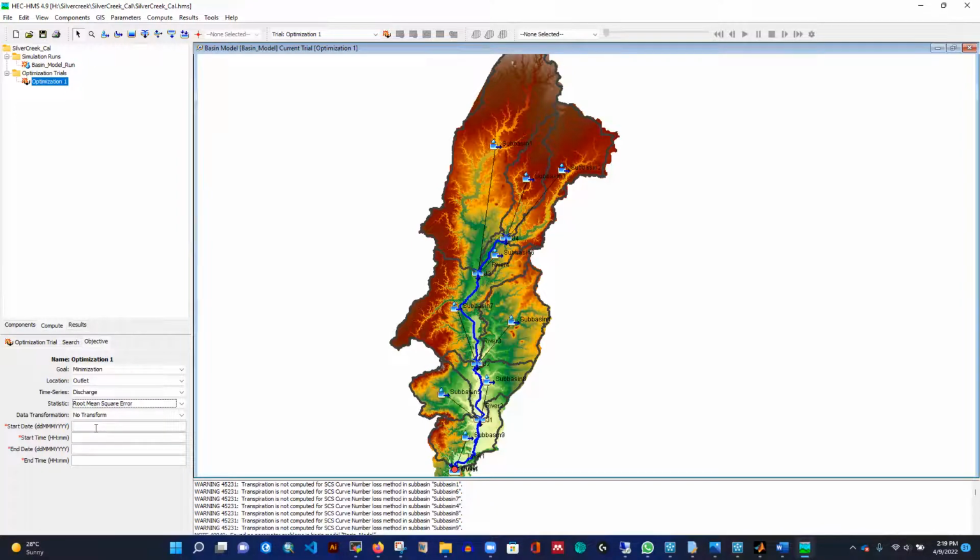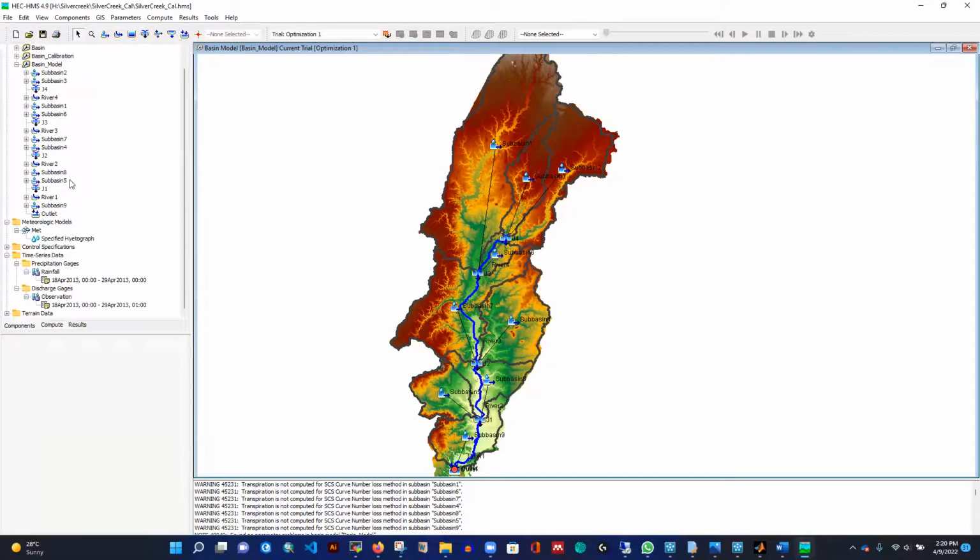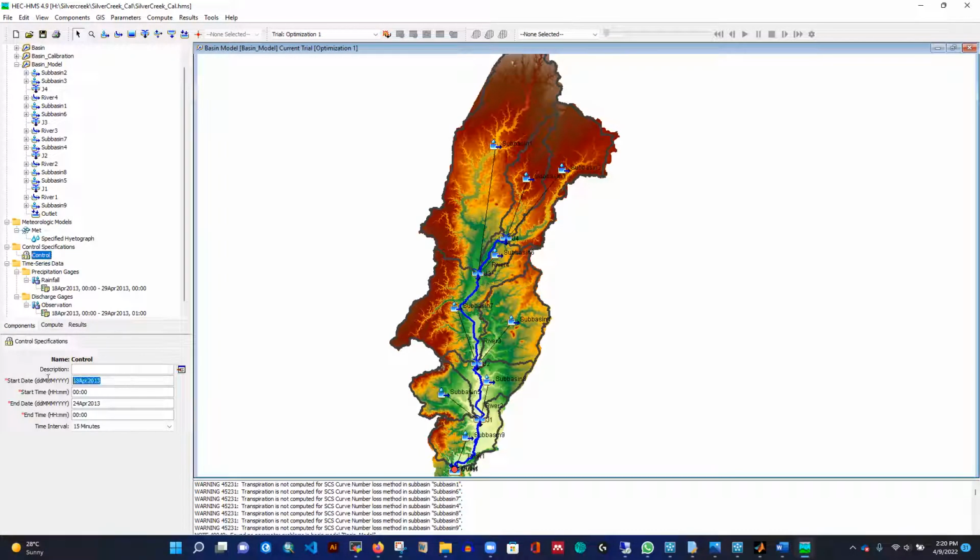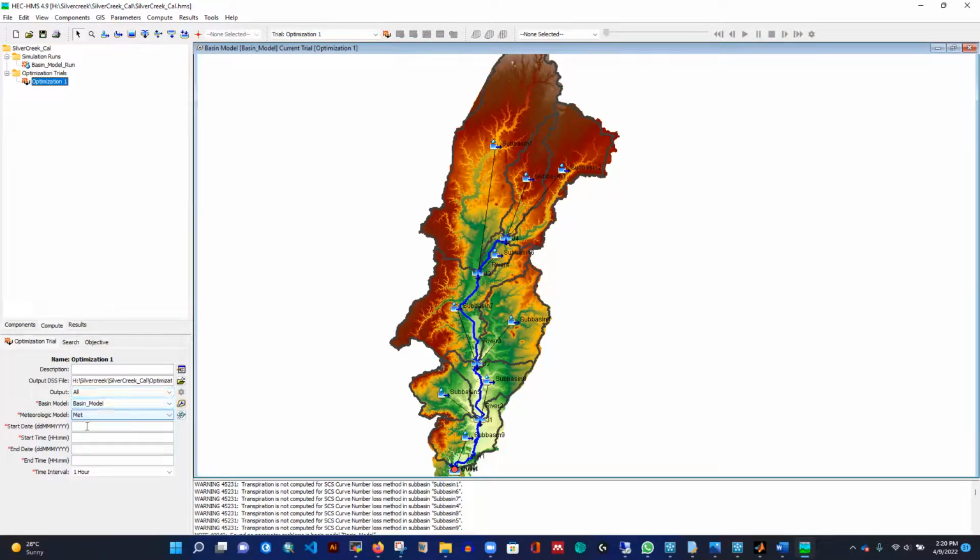For the start time and end time, we know the time is 0, 0, 0, and I'll show you the date as well. What is the date? We can get it from our control specification, right? It is from 18 to 24. I'm just pasting it there. It should be 18 to 24, 0, 0, and then 0, 0.